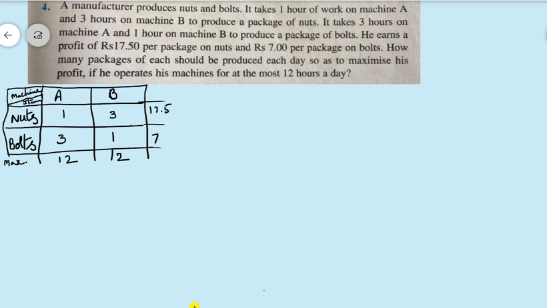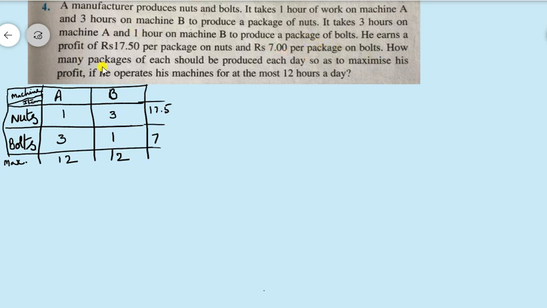So observe here, a manufacturer produces nuts and bolts. It takes 1 hour of work on machine A and 3 hours on machine B to produce a package of nuts. It takes 3 hours on machine A and 1 hour on machine B to produce a package of bolts.